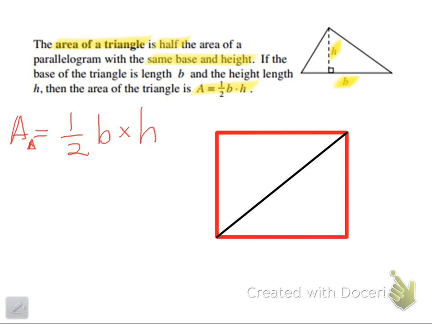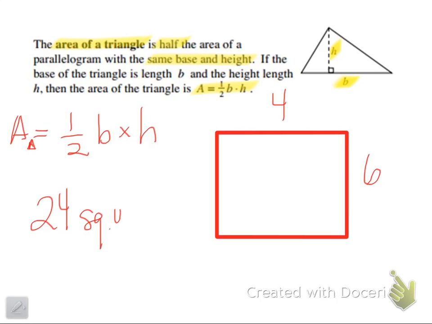But the area of my rectangle, we already know, is base times height. So let's give those a name. Let's call this 4. Let's call this 6. Base times height is 24 squared units, whatever we decide our units to be.